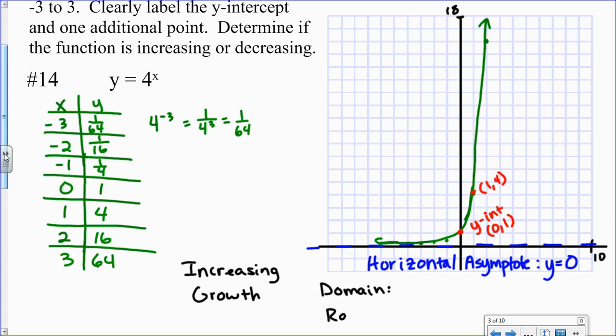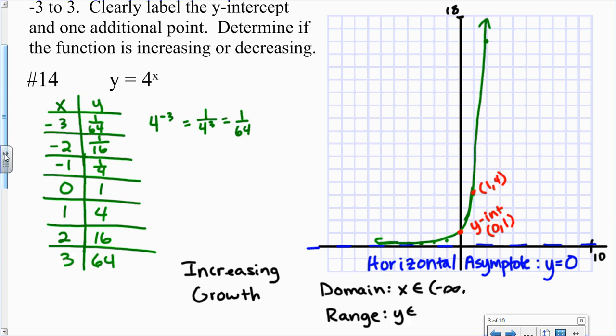Okay, let's look at our domain and range. Do you have a minimum x value? No. What about a maximum? No. Look at your function. You can plug in anything, negatives, positives, 0 for x. So all your x values are good.